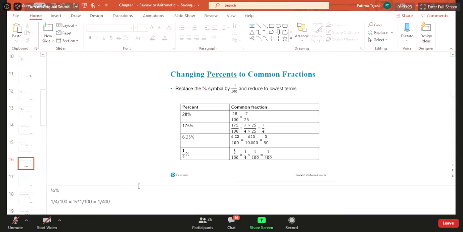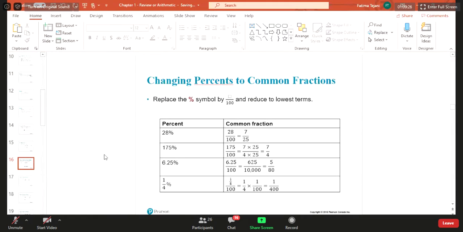Okay, now let's go to the next one. Replace the percentage symbol and reduce it to the lowest term. Now you have to convert the percentage to a common fraction. When you're changing the percentage to a common fraction, you replace the percentage by dividing by 100, and then you have to reduce to the lowest term. So let's do that.